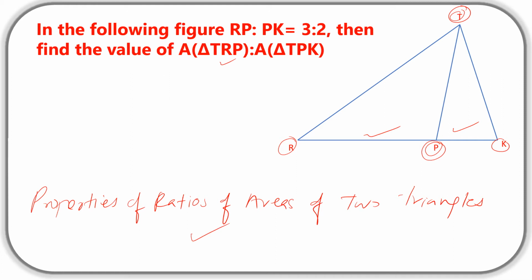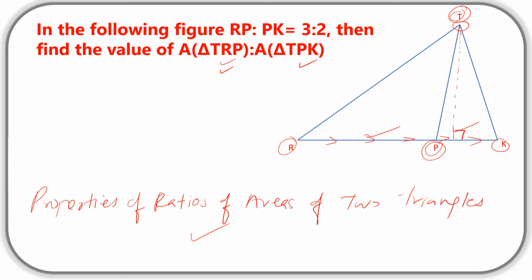These two triangles, TRP and TPK, are both on the same base line, and from this vertex, if we draw a perpendicular line, this will be the height.